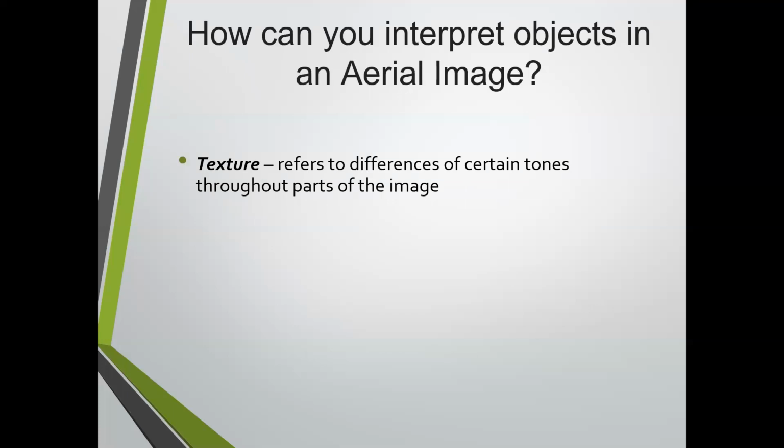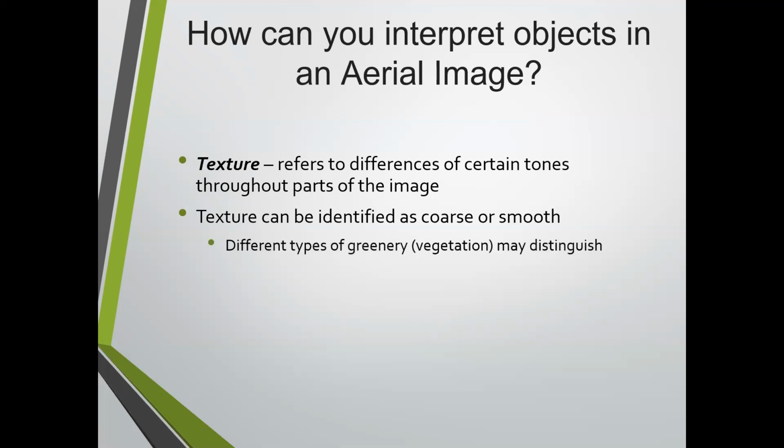So texture refers to your differences in tone throughout your image. And it's probably easier to see texture when you're looking at color images, but it also shows up in black and white or grayscale. But it can be identified as coarse or smooth, particularly different types of greens with vegetation may be distinguished. A forest of trees could look rough. A field of grass has a smooth look.